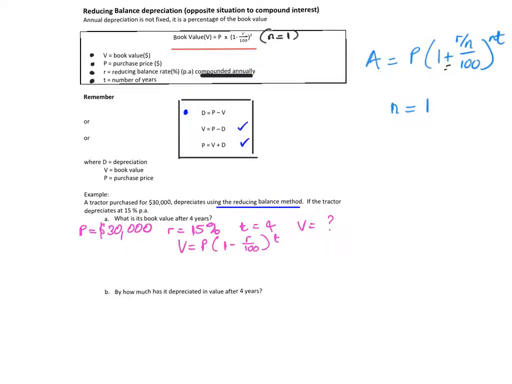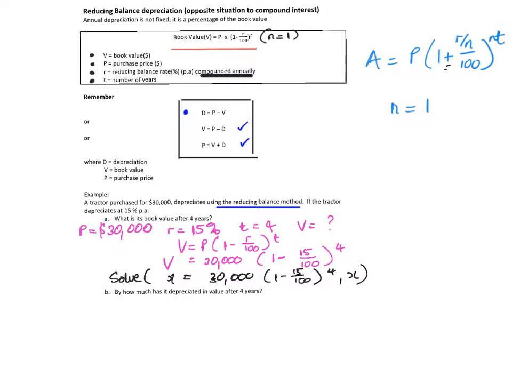So we know that V is equal to P(1 minus R on 100)^T. In this case, it is 30,000(1 minus 15 on 100)^4. Now, I would again be using solve on my calculator. Okay, so solve looks like this on the calculator.